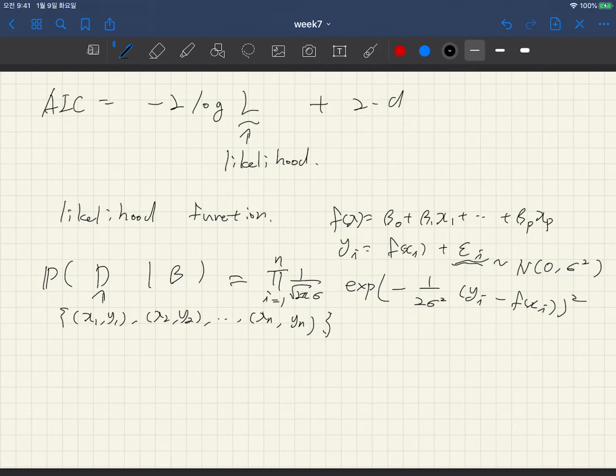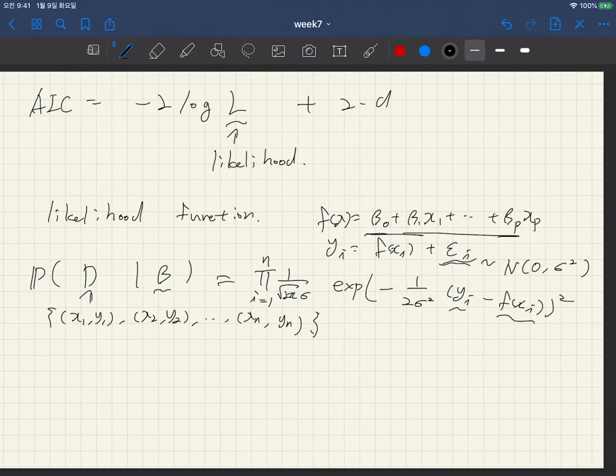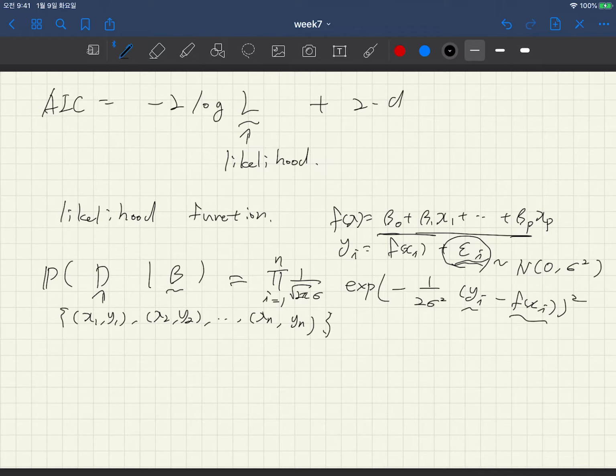Here the likelihood function means: if the true model follows the parameter beta, what is the probability of your observations? Because beta 0 to beta p are the true ground truth parameters, the difference between yi and your function f(xi) comes from the observation noise epsilon i.